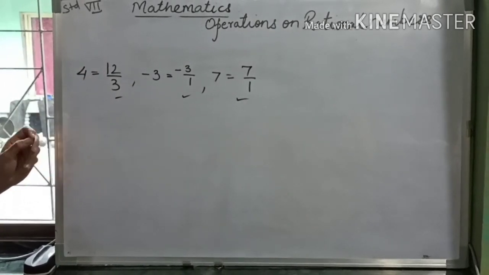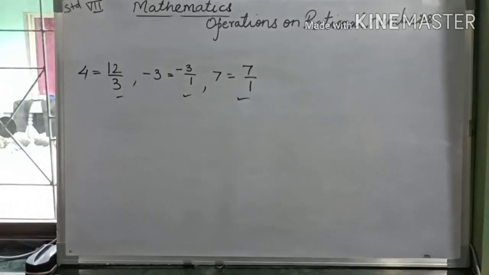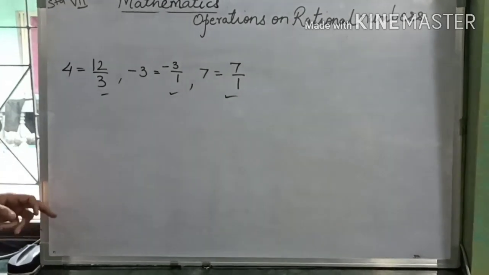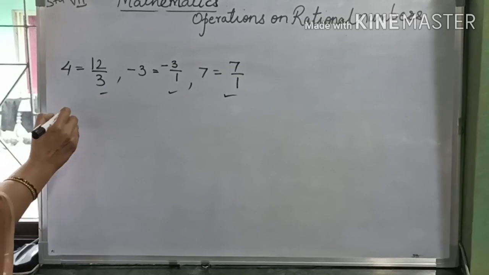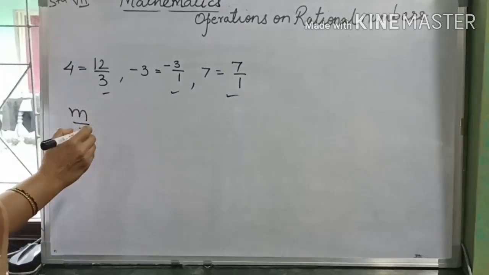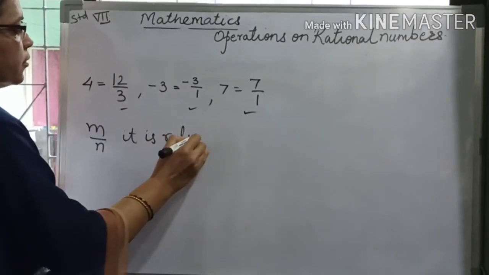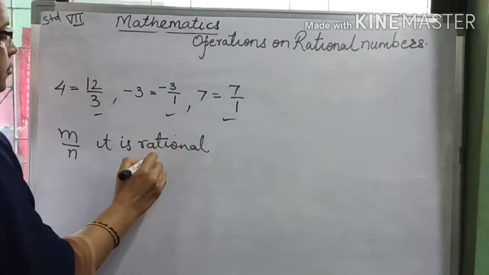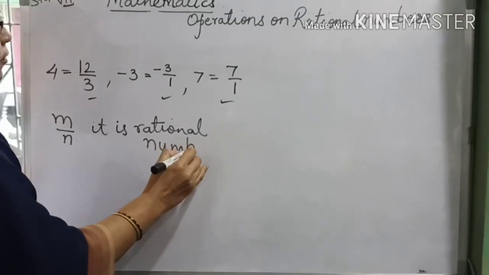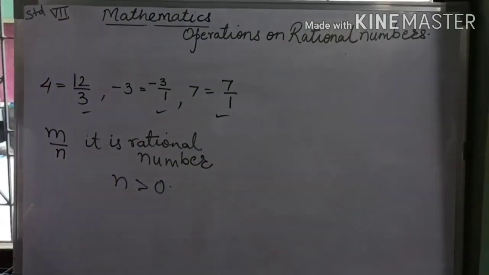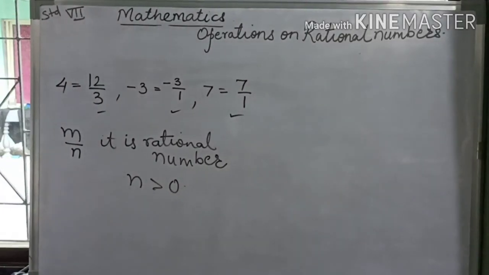So if m is any integer and n is any non-zero integer, then the ratio m upon n is a rational number. And n is greater than 0. So this you have studied in the first part.